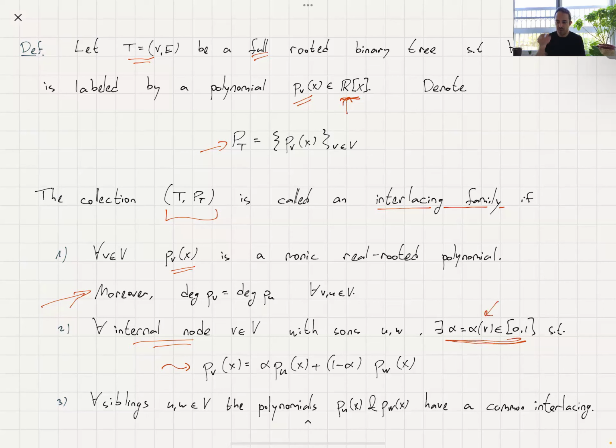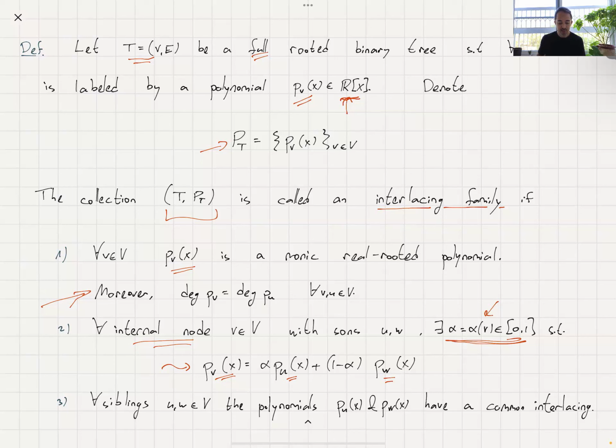That alpha may vary with different vertices, but for every V there is some alpha such that PV of X is just a convex combination according to alpha of the polynomials of its two children. So you can see here the segment connecting PU and PW, and PV should, in that language, lie on that segment.